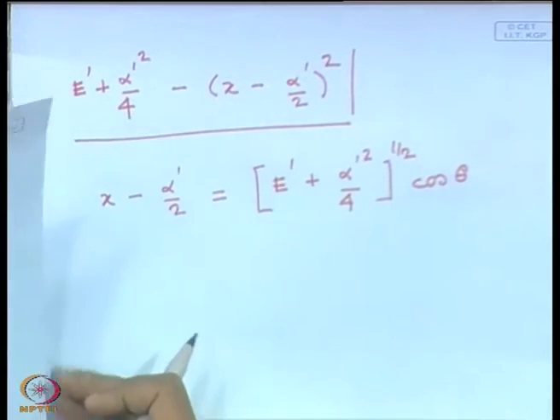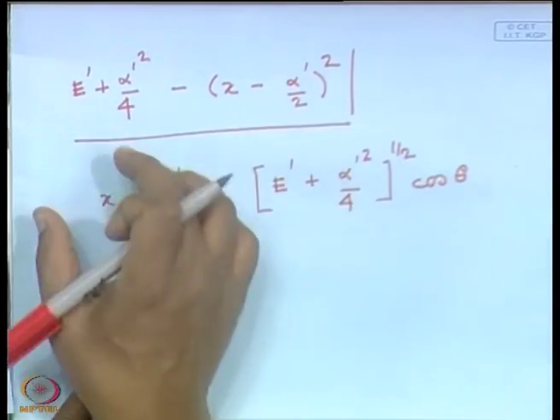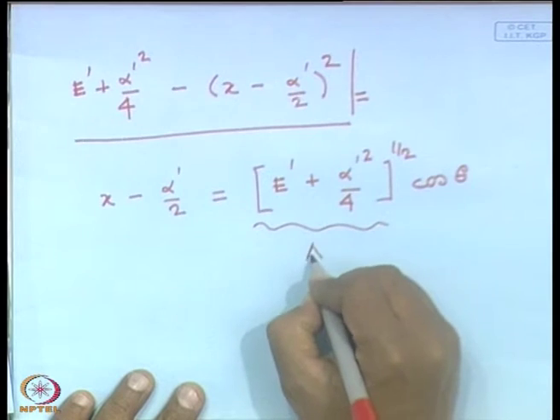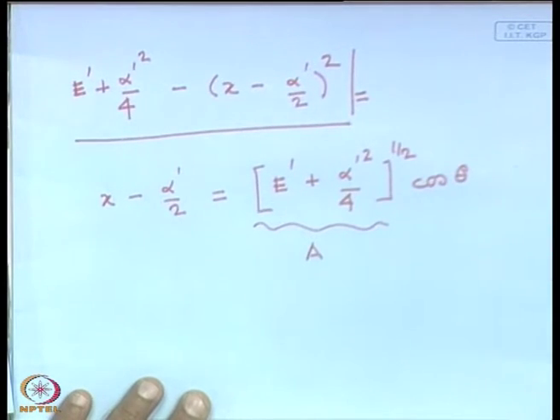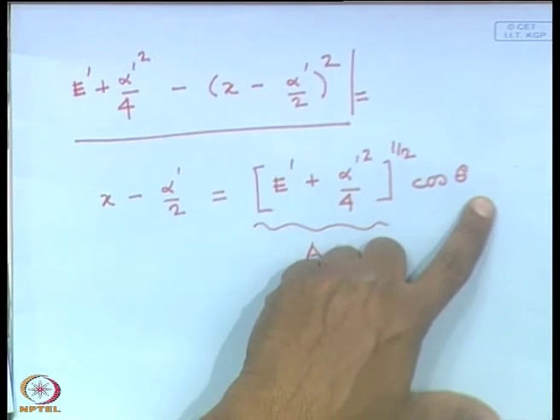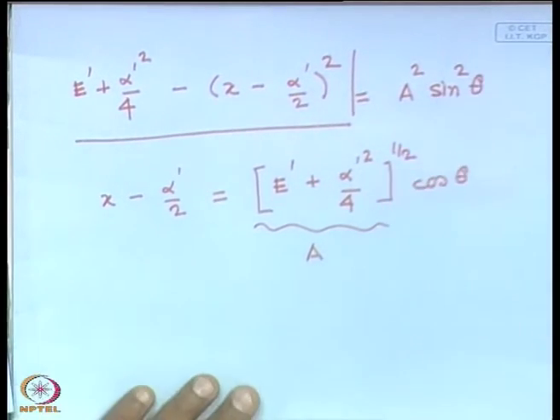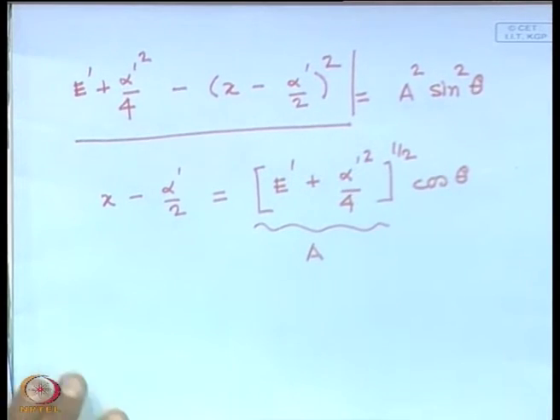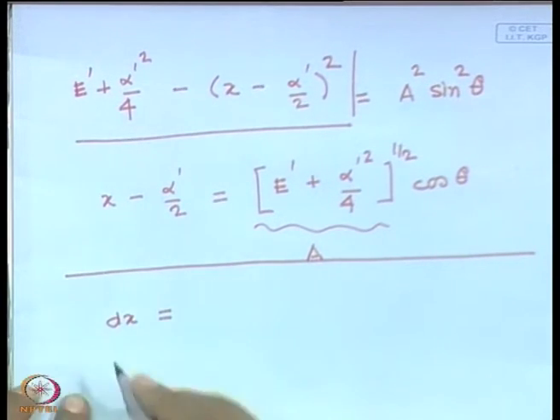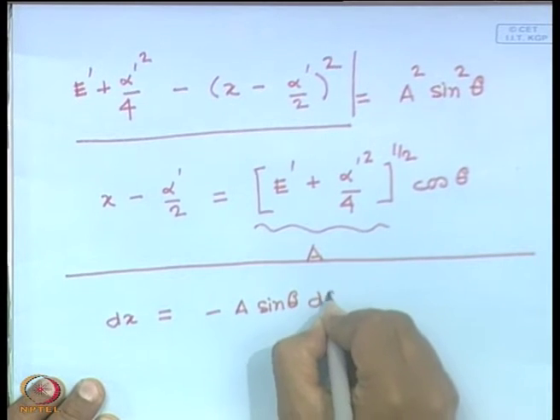If I call this A, the denominator becomes A square minus A square cos square theta, which becomes A square sin square theta, right, and dx is minus A sin theta d theta.